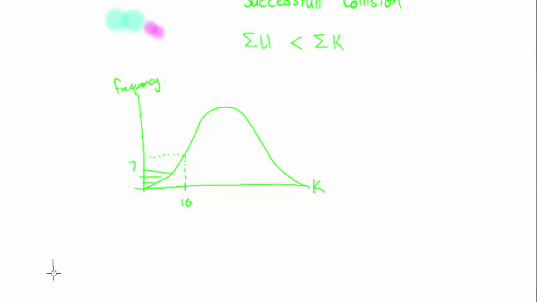A histogram looks like this. And these bars represent the frequency in this interval, the frequency in that interval, the frequency in that interval. Now what this is, it's a histogram, but the intervals are just very small. So it's almost like the interval is so small that it ends up making a smooth curve.